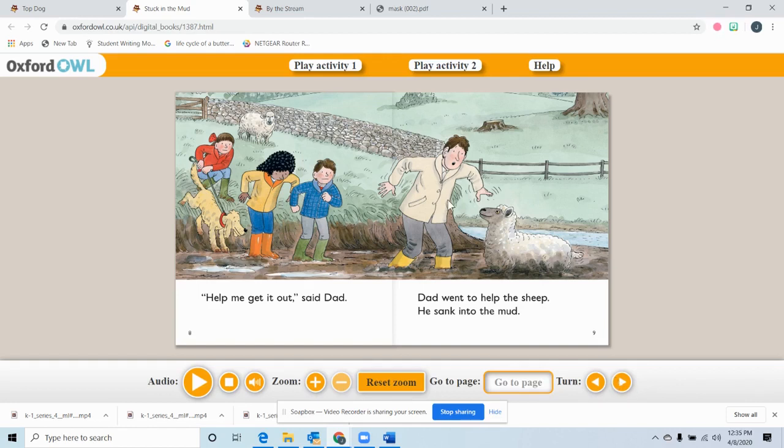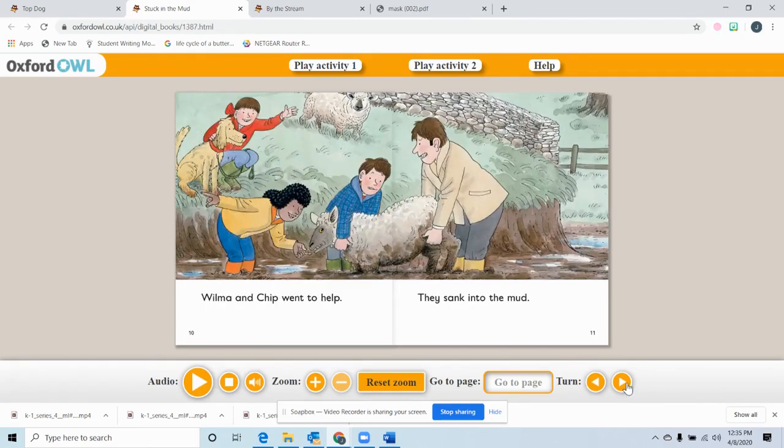Dad, did you say Dad's going to help pull him out? Dad is deeper than the other ones, isn't he? He went first. And now they're all kind of helping, aren't they? What do you think's happening here? They're lifting him out, aren't they? They're trying to pull him out, but it looks like they're getting deeper and deeper. Is that what you said?